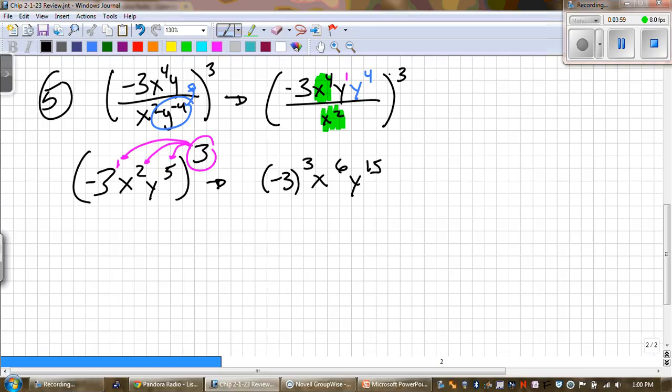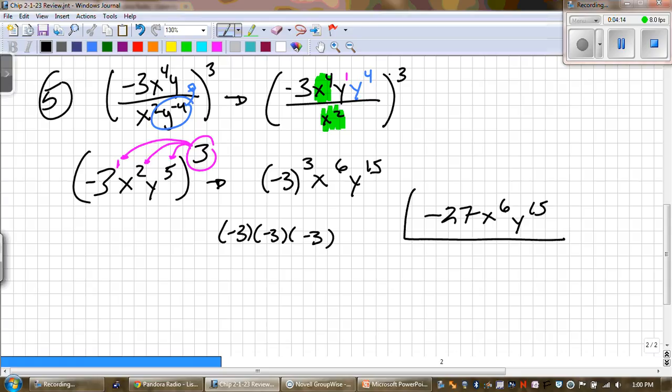And to get to our final step, I need to know what negative 3 times negative 3 times negative 3 is. Okay? When you do all of that, you should get negative 27 x to the 6th, y to the 15th. Okay?